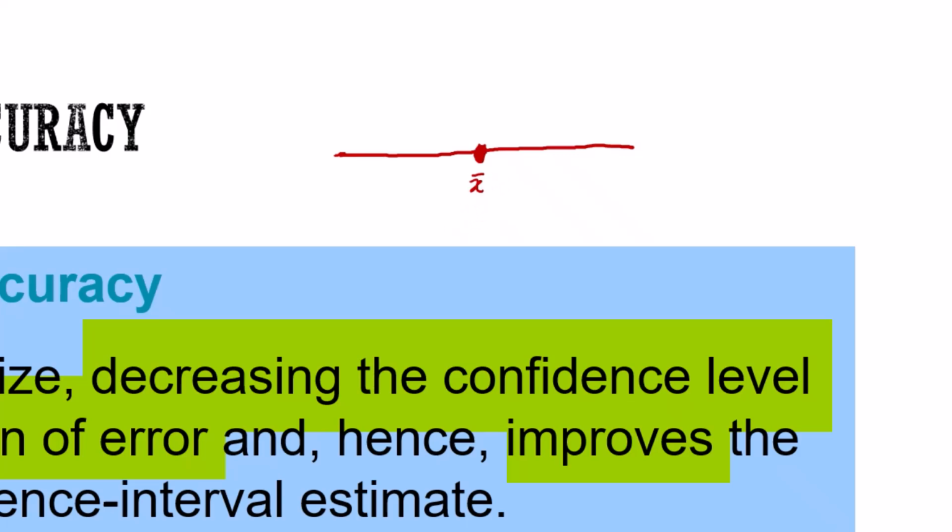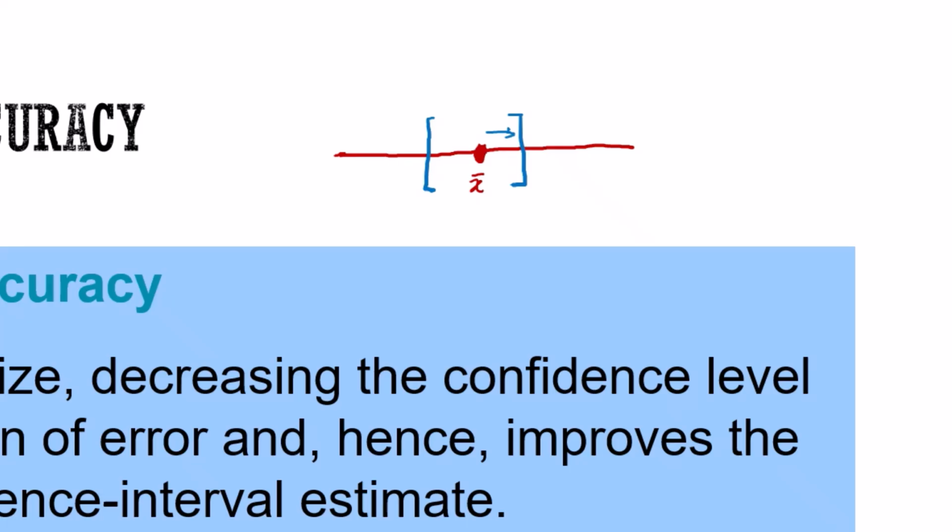When we add a margin of error around the actual value, or in this case the point estimate, then we are given a bandwidth within which we can make an error, and therefore we do not need to be as precise as we had to be when we were not given a margin of error.